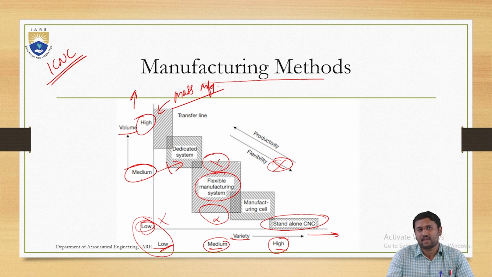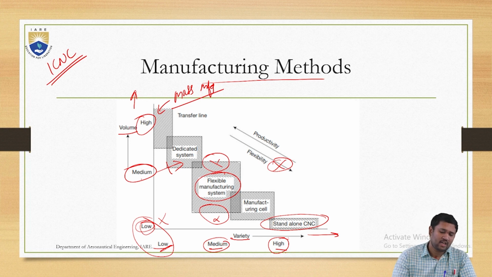Let's say mass manufacturing of pens: you'll have low variety, a few colors, one or two colors, and you'll manufacture the same ballpoint pens in high volumes. Similarly, medium variety for a high production rate will also cost you more, and high with high will also cost you more.